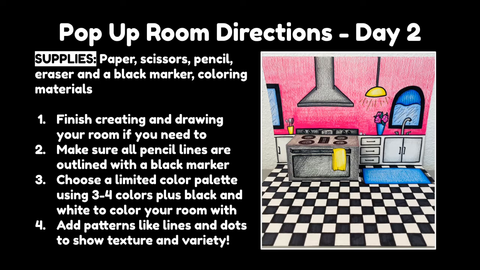First, finish creating and drawing your room if you need to. Then make sure all pencil lines are outlined with a black marker. After, choose a limited color palette using 3 to 4 colors, plus neutral colors like black and white and even brown or gray to color your room with. Don't forget to add patterns like lines and dots to show texture and variety. All right, let's go ahead and get started.